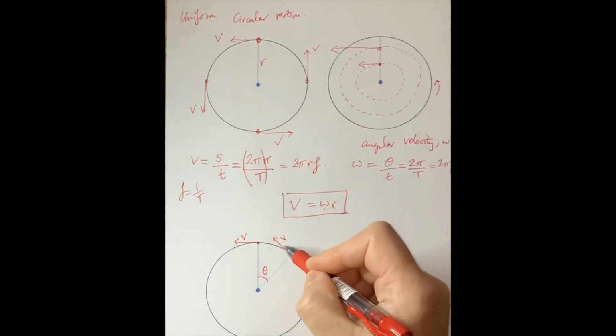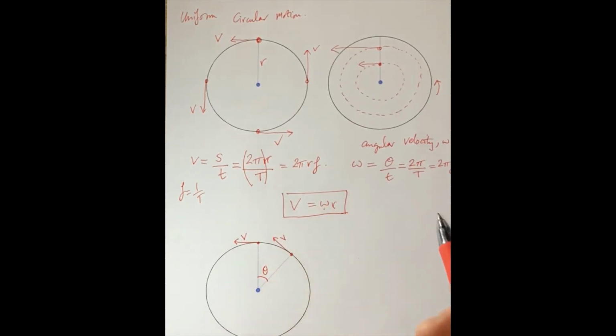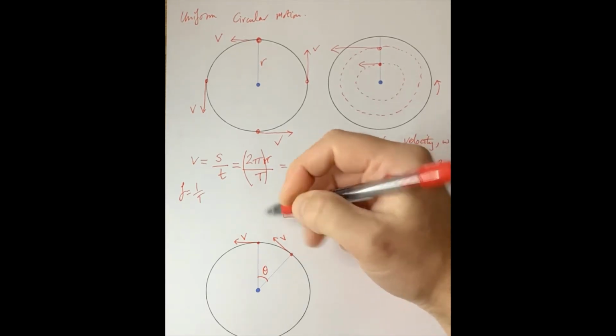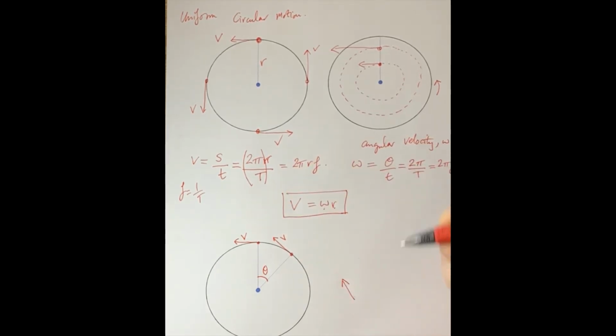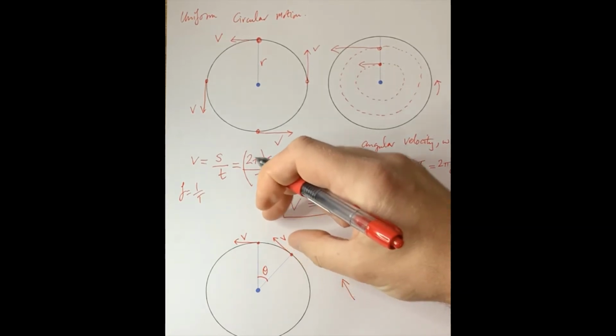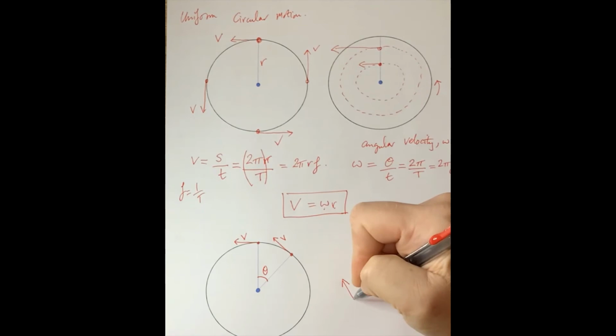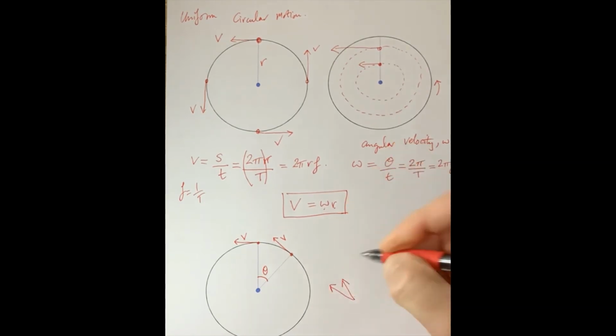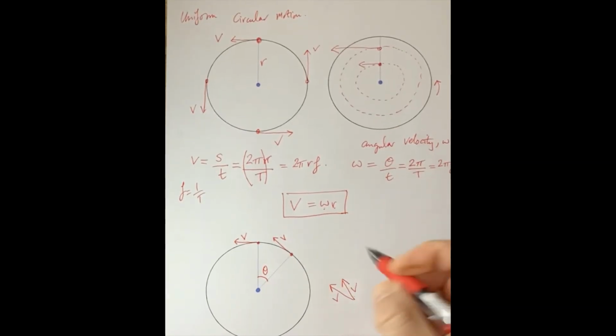We can look at the velocity vectors to work out the change in velocity. So if it was travelling with a velocity vector initially here, and then after a given time this is the velocity vector, the v and v.